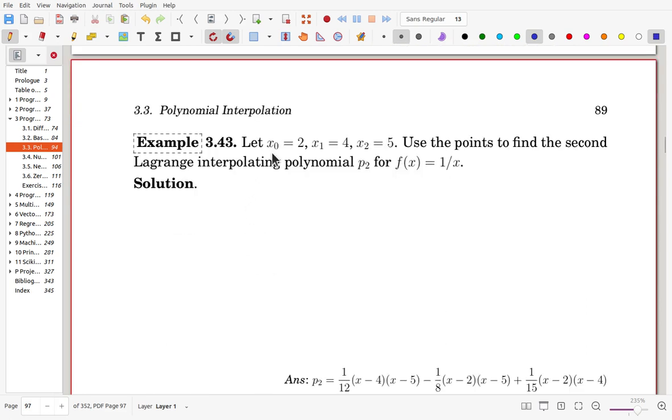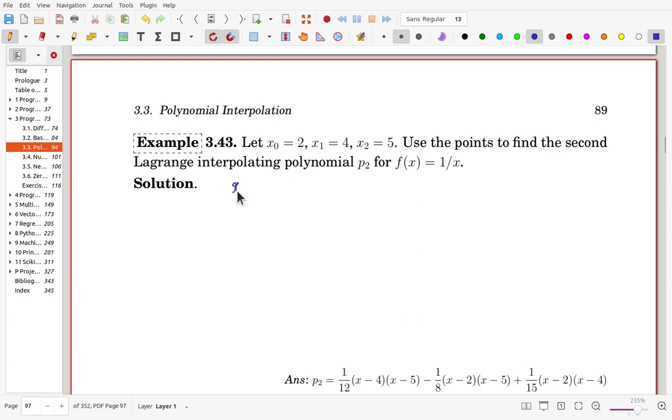Now x0, x1, x2 are given, and use the points to find the second Lagrange interpolating polynomial P2 for f(x) is 1 over x. That means that we have to find the P2 interpolating polynomial satisfying x values and y values gotten from this function.